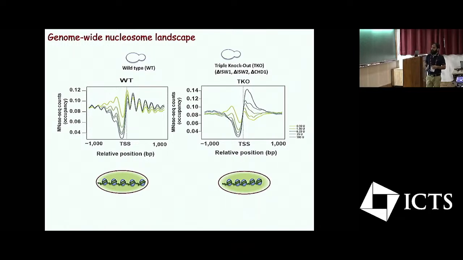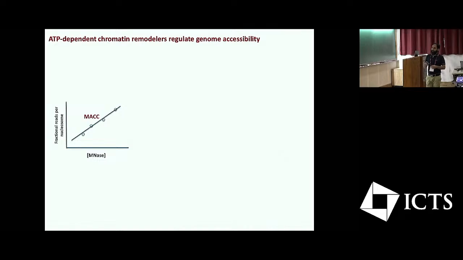So given that we have used the 5 different concentrations of MNase, we can get another parameter out, which we call the MNase accessibility score. You plot the reads at each MNase concentration, theoretically speaking, for every nucleosome, and you get a slope, and the slope of this we call the MNase accessibility score.